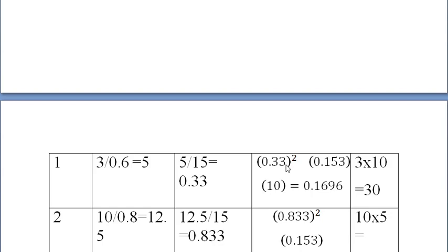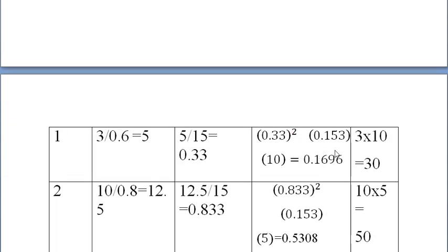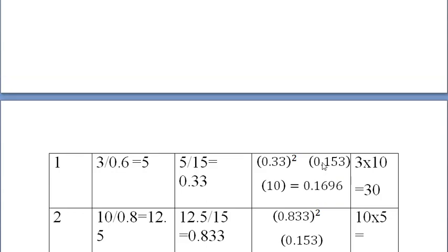As the copper loss is directly proportional to the square of the current flowing in the conductor, we write x square into Wc into T, and we know T is number of hours, 0.153 is copper loss in kilowatts, and this is the x. So x square Wc into T. Then we get, for the first load, the copper loss in kilowatt hours.